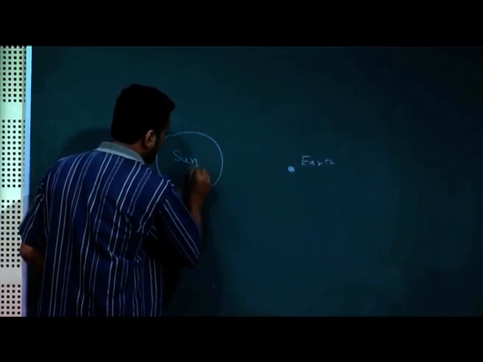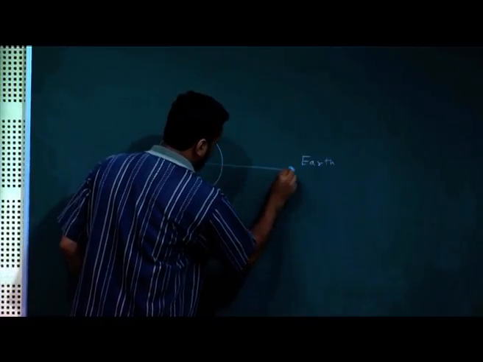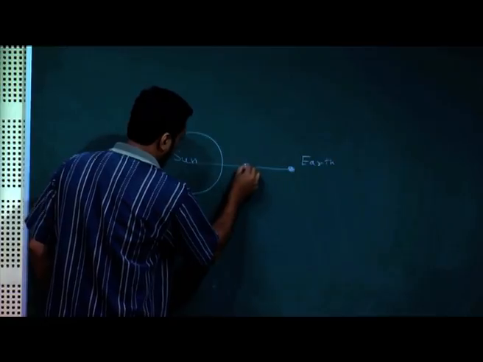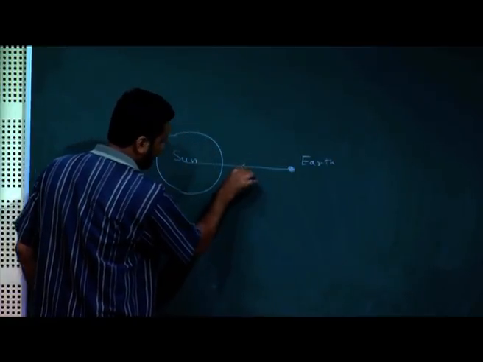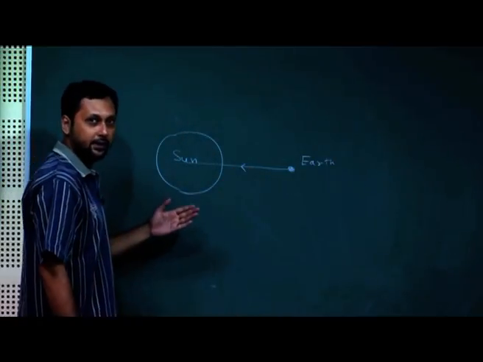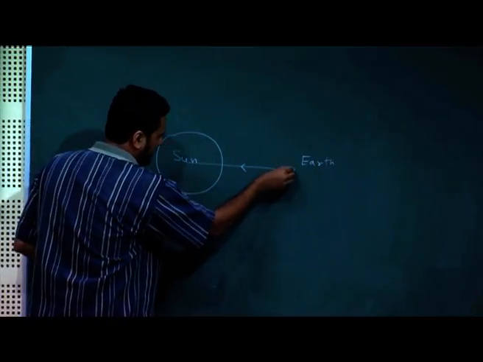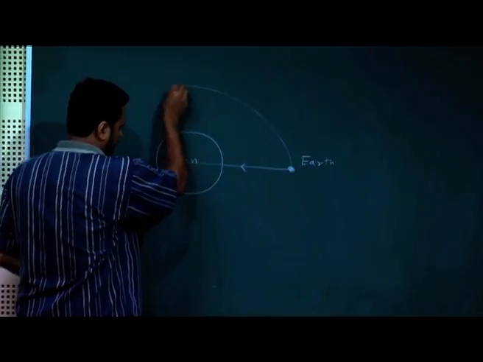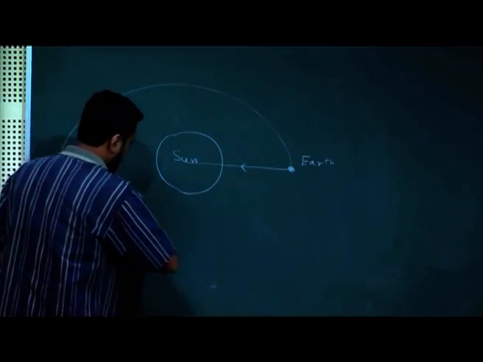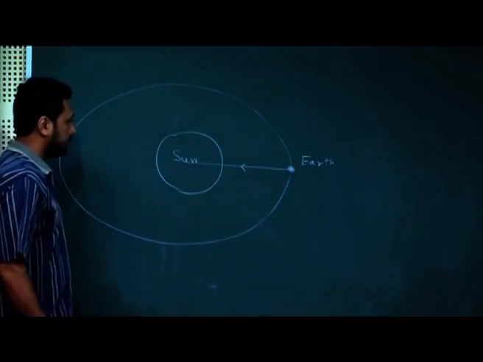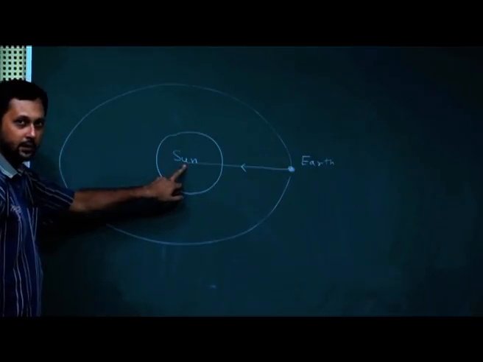So, the gravitational force of attraction is acting along the line joining the center of masses, and it is an attractive interaction in nature. Now, for this interaction, Earth is evolving in an elliptical path around the Sun.